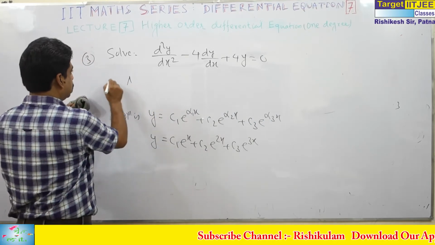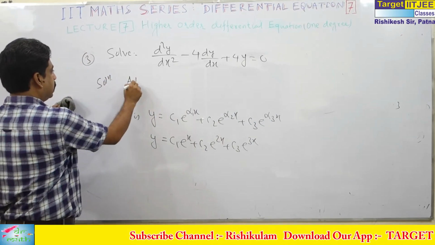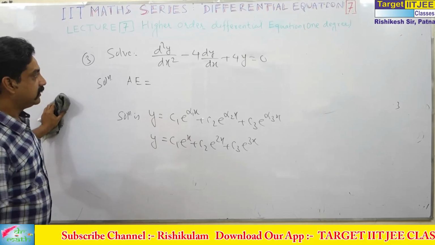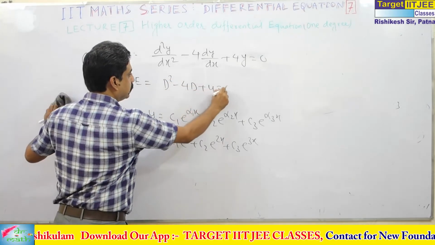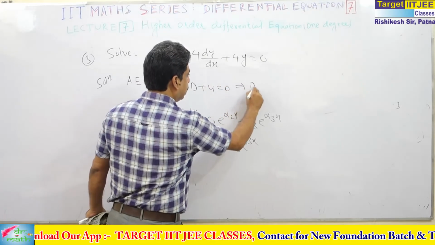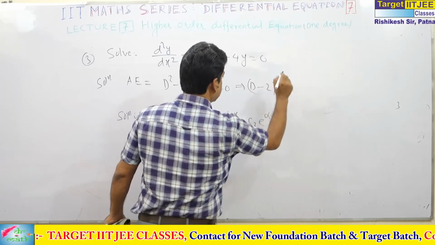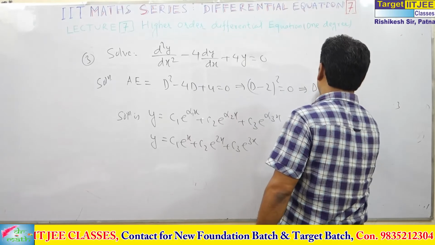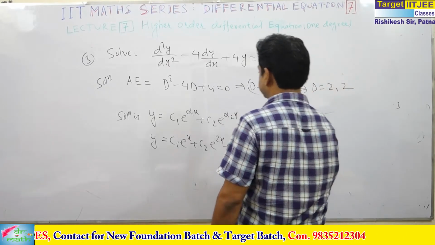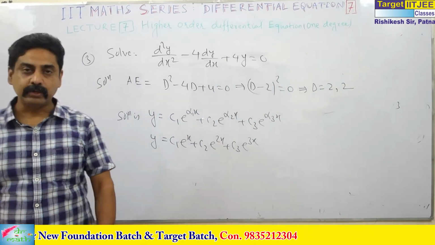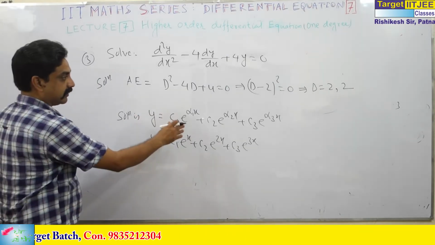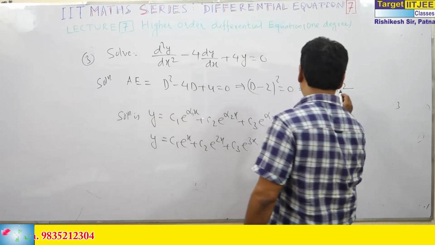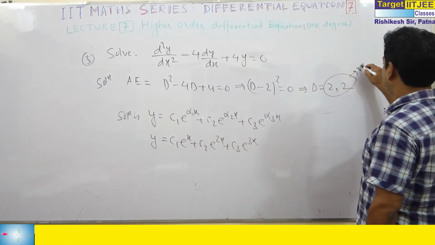The auxiliary equation is d square minus 4d plus 4 is 0. When we solve, this is (d minus 2) whole square is 0. This is d is equal to 2 and 2. So this will not work. Why? Because these are real and equal.